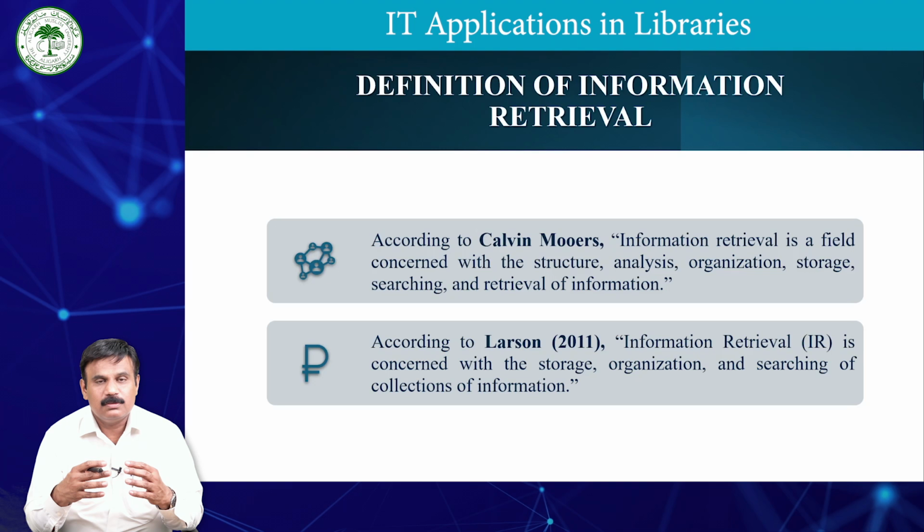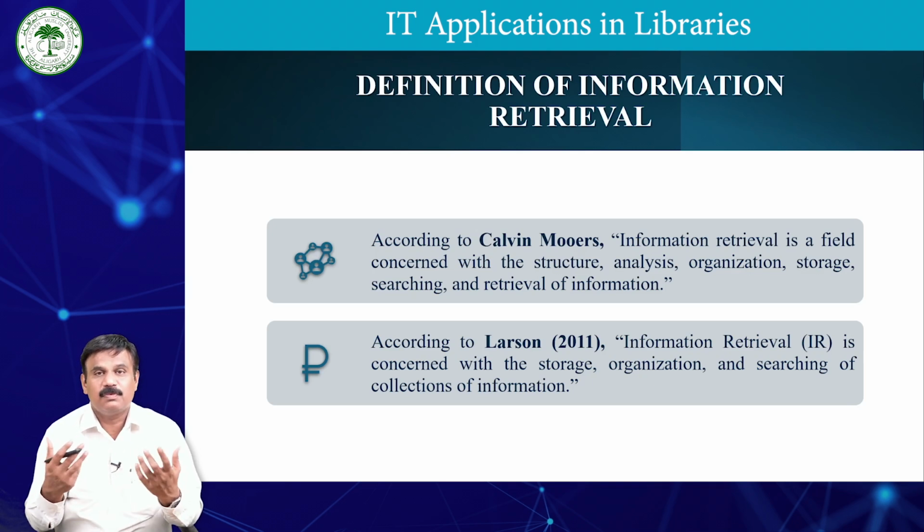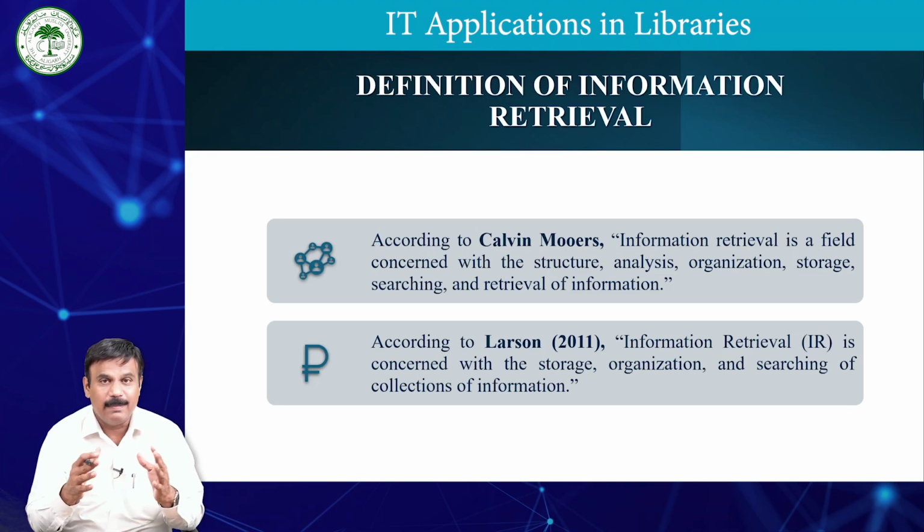Unquote. So from this definition, it is very clear that information retrieval is a particular field concerned with the structure, analysis, organization, storage, searching and retrieval of information, which means all about handling and managing of information.